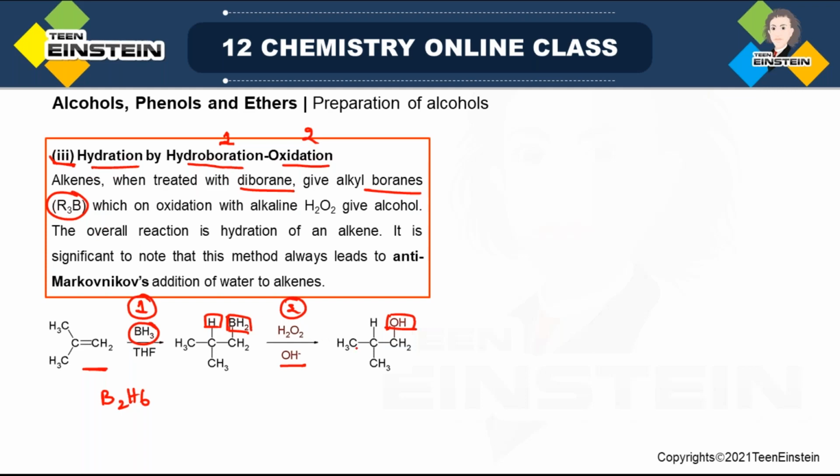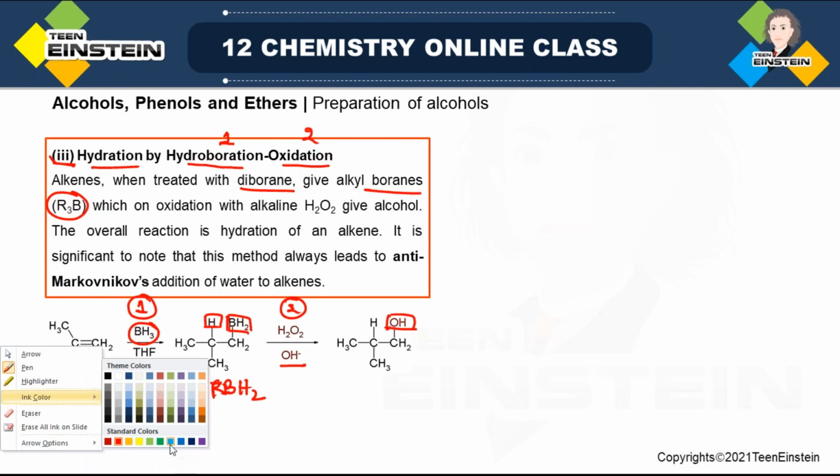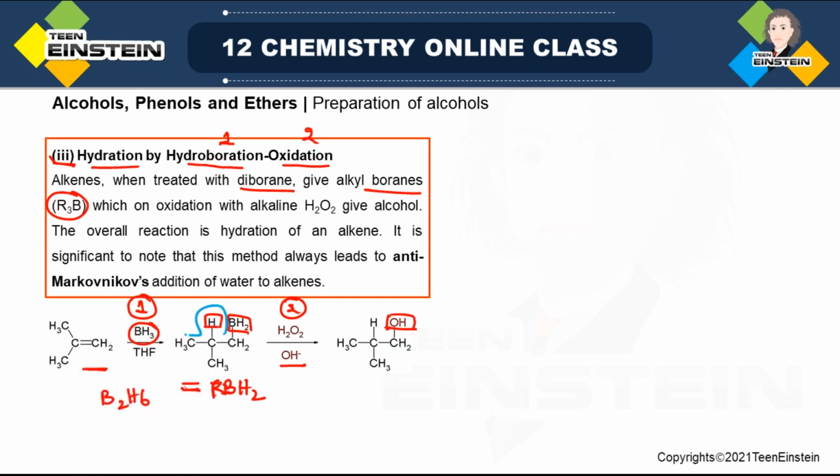So this R3B, which is known as alkyl borane, this is also actually one kind of R3B, but it is not exactly R3B, it is RBH2. So when we are saying that it is RBH2, that means you have to consider this whole part as R. So with R, BH2 is added.